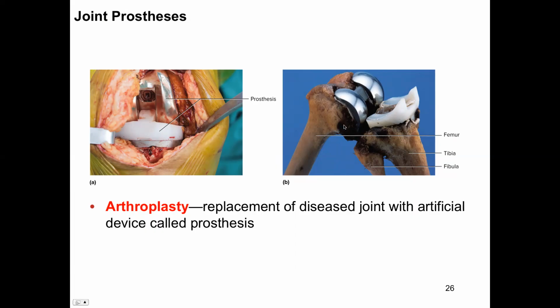A lot of older people get their hips done or their knees done, and this is what's done. They actually get rid of the bone and then they fuse in a replacement or an artificial joint. And yeah, it looks really gruesome, but this is what they do. But it really helps with quality of life, and it's good that we can do this now, even though it does look pretty scary. But yeah, that's very important that we can do that.